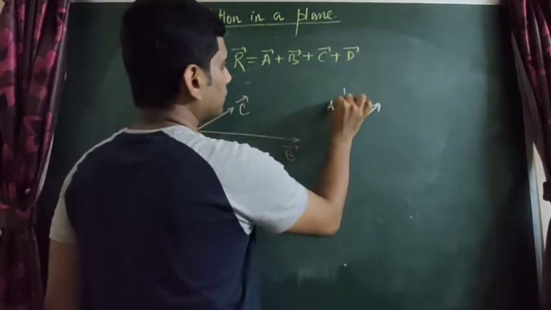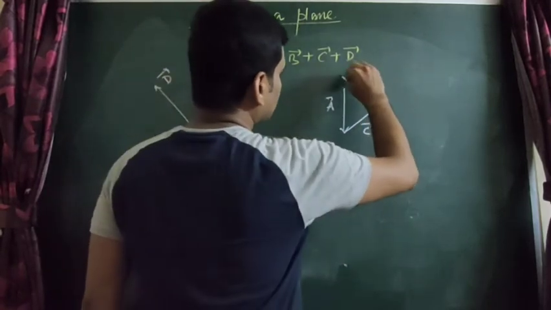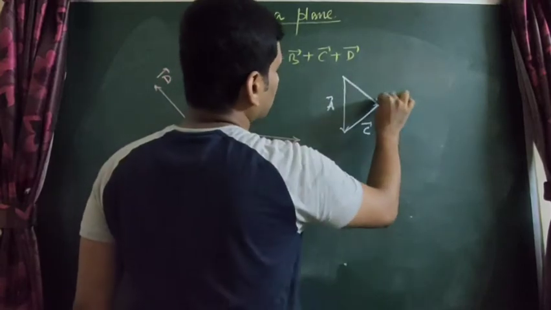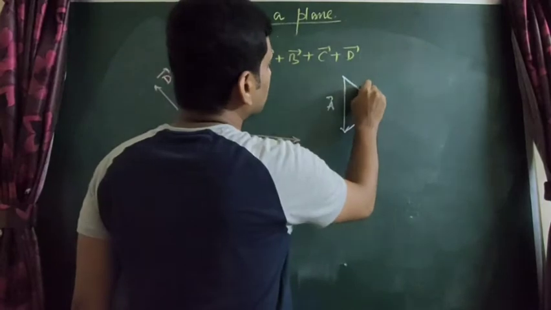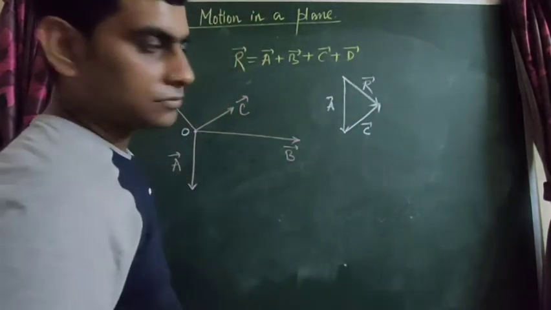So this is the A vector, this is the C vector. If you get the resultant, you have to draw it like this, and the direction will be opposite to that. This is the resultant of first adding A and C.